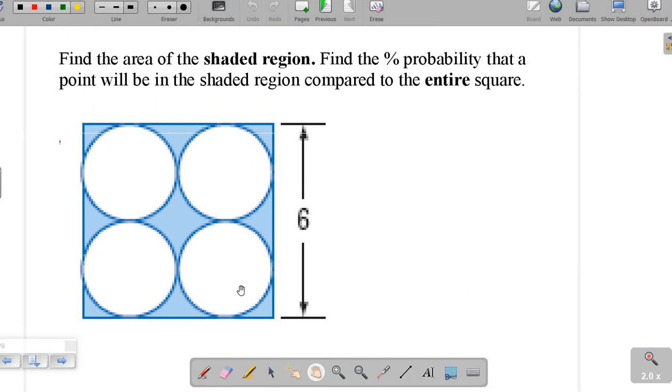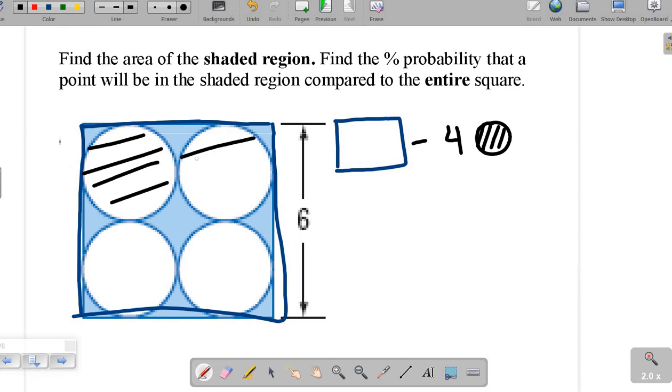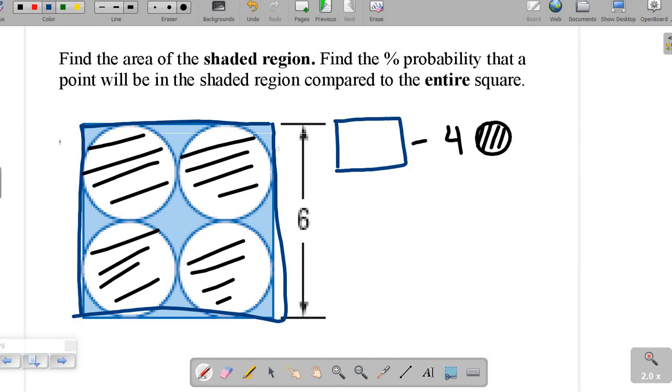Welcome back. It says, find the area of the shaded region, find the percent probability that the shaded region compared to the entire square. So the shaded region is going to be the area of the square minus 4 of the circles, of course, minus the 4 circles. So our square is length times width.